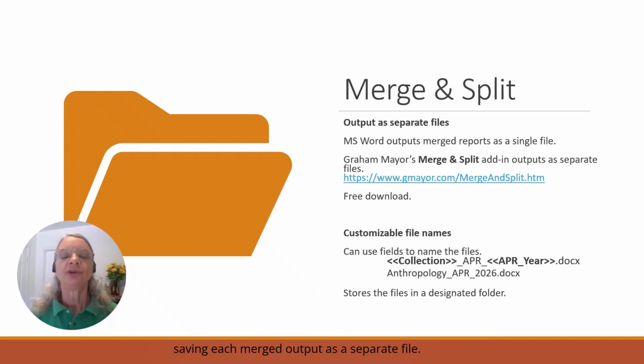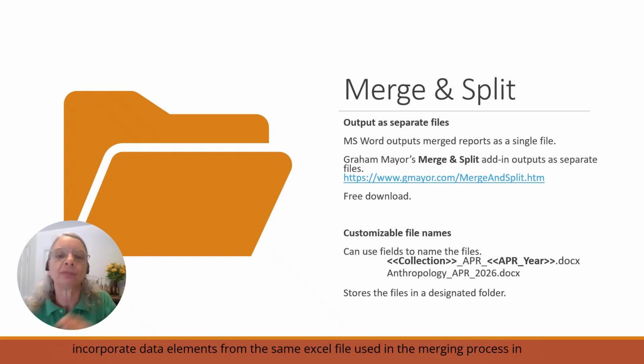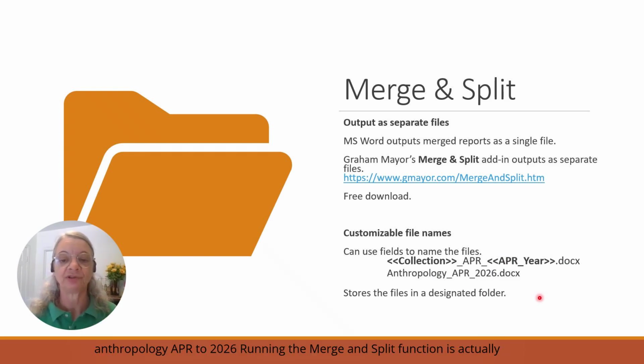You can set the folder in which to save the output files, and you can even incorporate data elements from the same Excel file used in the merging process in the naming of the files, such as collection_APR_year, for example Anthropology_APR_2026.